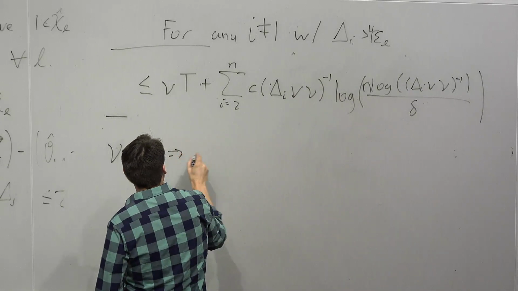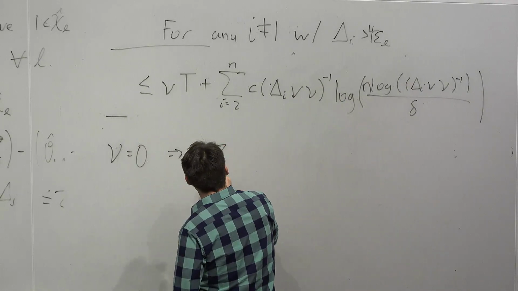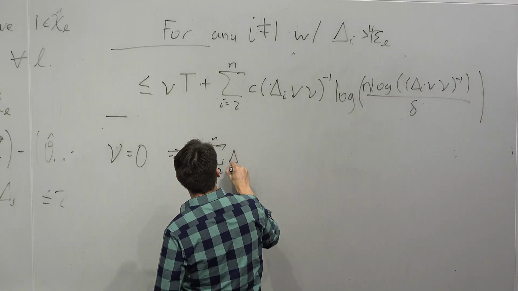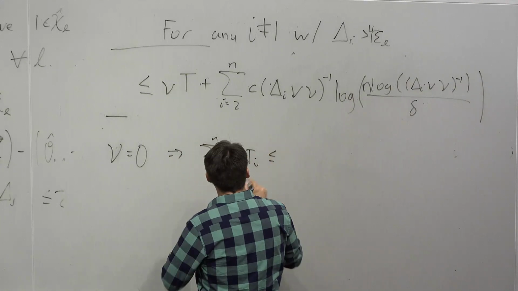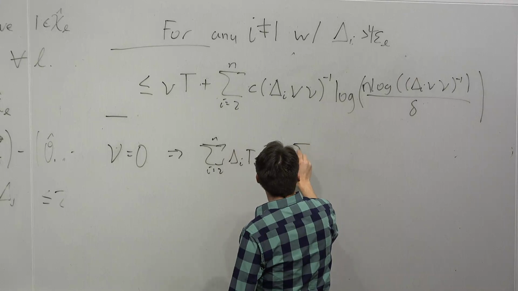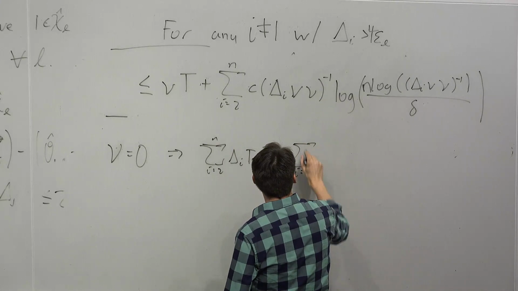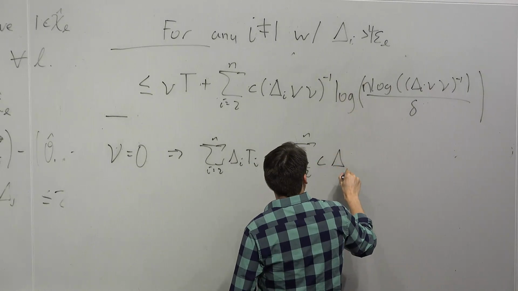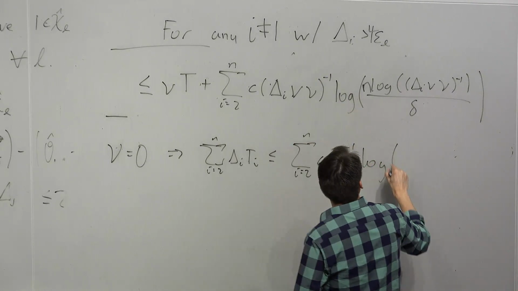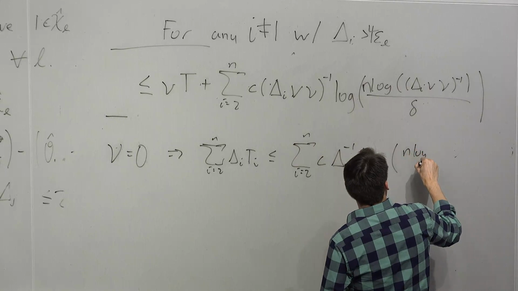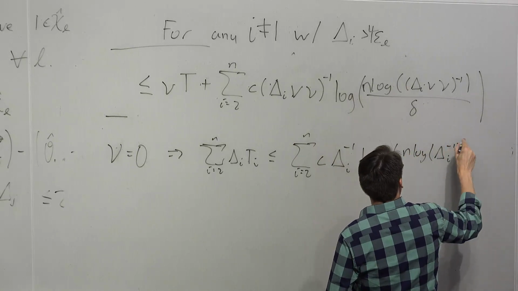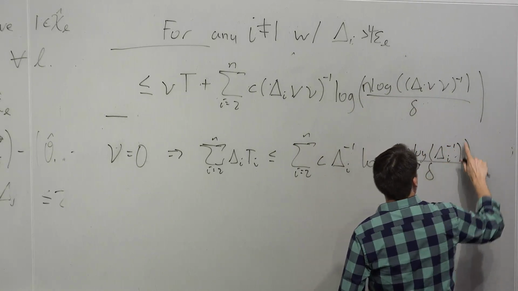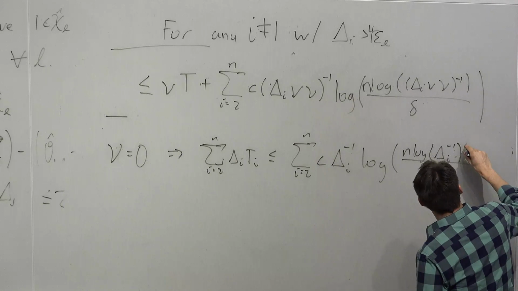And this implies that the sum over i equals 2 to the n of delta i t_i is less than or equal to the sum over i equals 2 to the n of some constant delta i inverse log n log delta i over confidence delta.